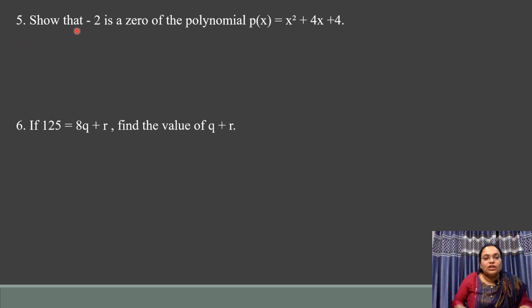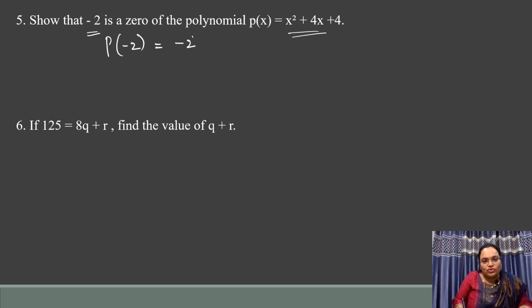Fifth one is, show that minus 2 is the zero of the polynomial p of x is equal to x squared plus 4x plus 4. We just need to substitute minus 2 in the place of x.